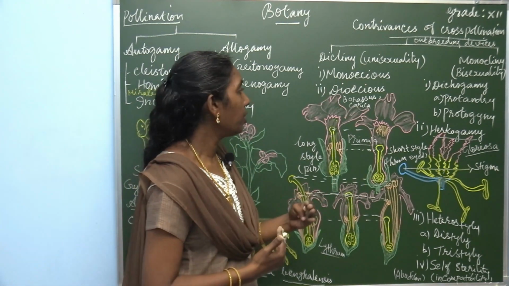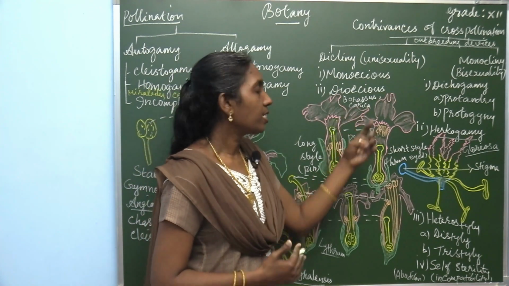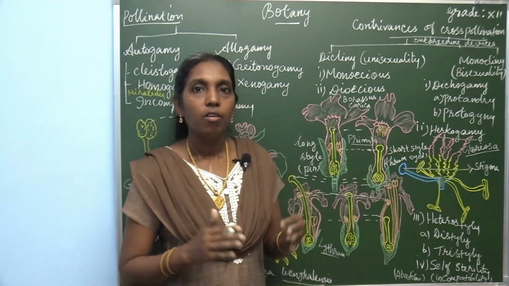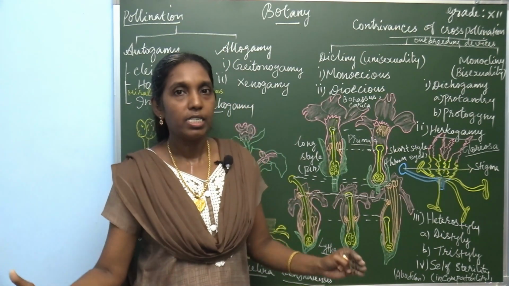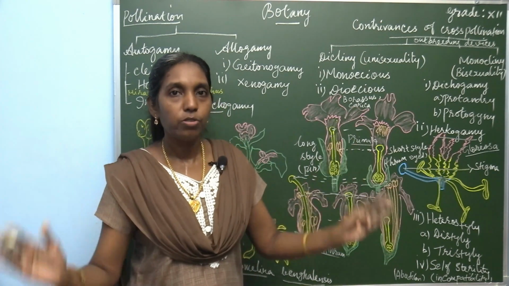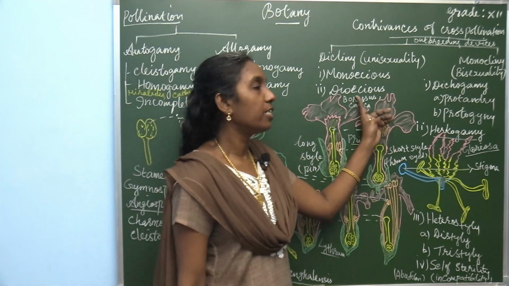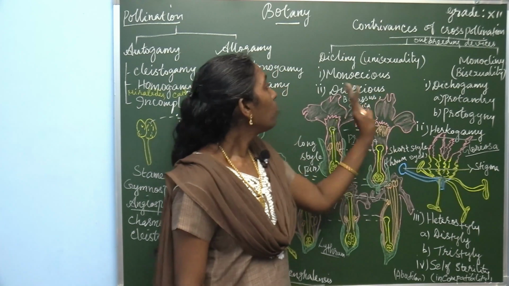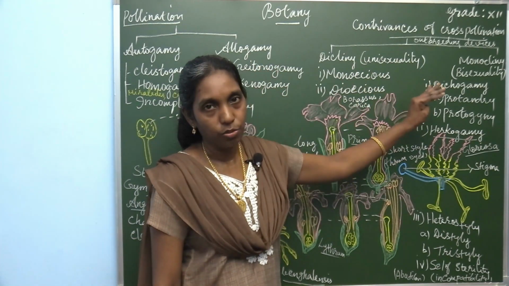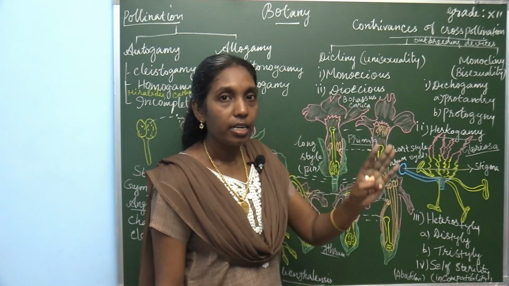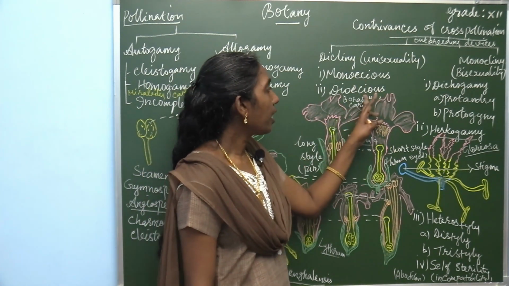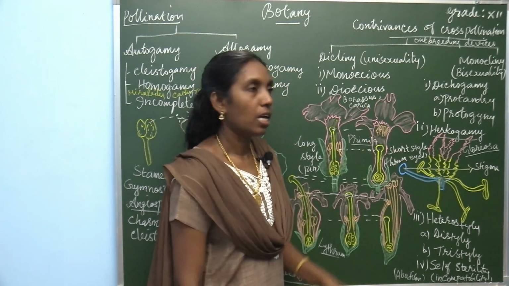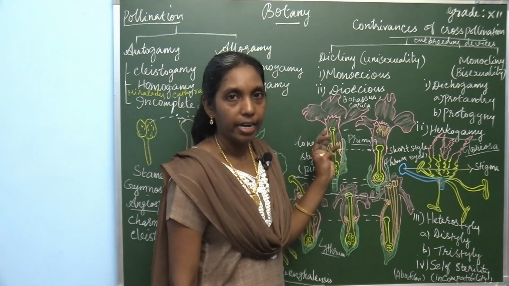Very common examples are Borassus and Carica. In Borassus, the palm plant, and Carica, papaya, we find the male plant separate and the female plant separate, with flowers produced on different plants. That is the dioecious condition. So in dicliny there are two types, monoecious, for example Ricinus communis, and dioecious, for example Borassus and Carica.